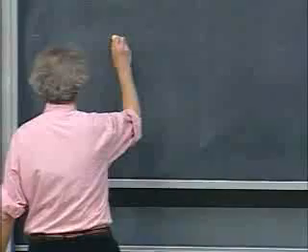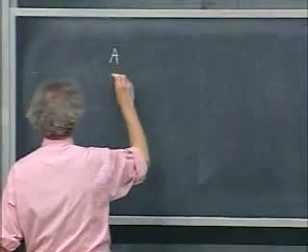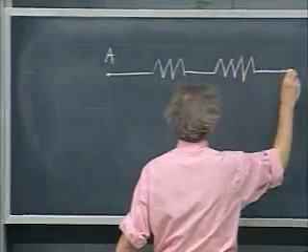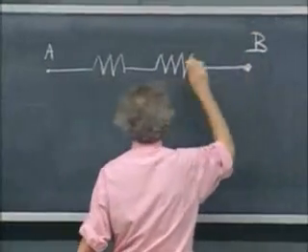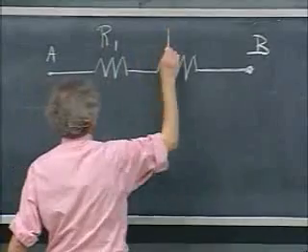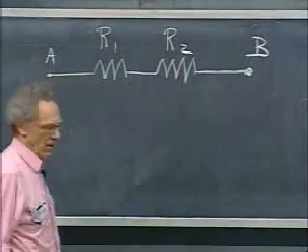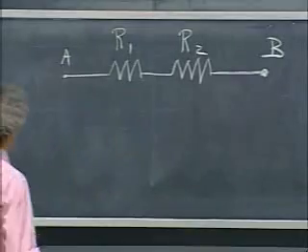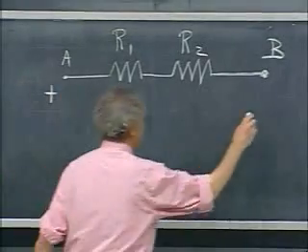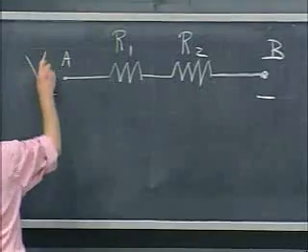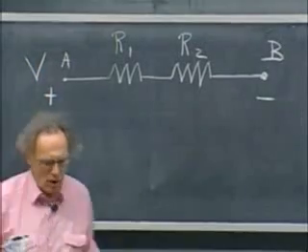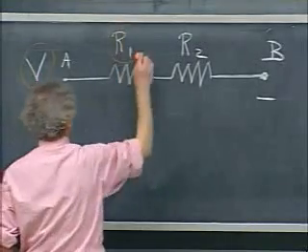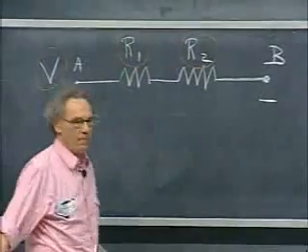So suppose I have here, between point A and point B, suppose I have two resistors, R1 and R2. And suppose I apply a potential difference between A and B, let this be plus and this be minus, and the potential difference is V. And you know V, this is known, I give you V, I give you this resistance, and I give you that one.